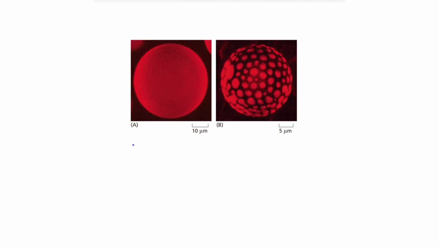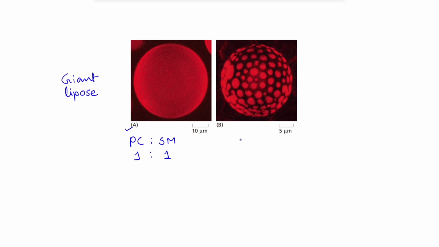As you can see, this is the structure of the giant liposome. The first structure is what is found when phosphatidylcholine and sphingomyelin are taken in a 1:1 ratio, so there is a uniform lipid bilayer.